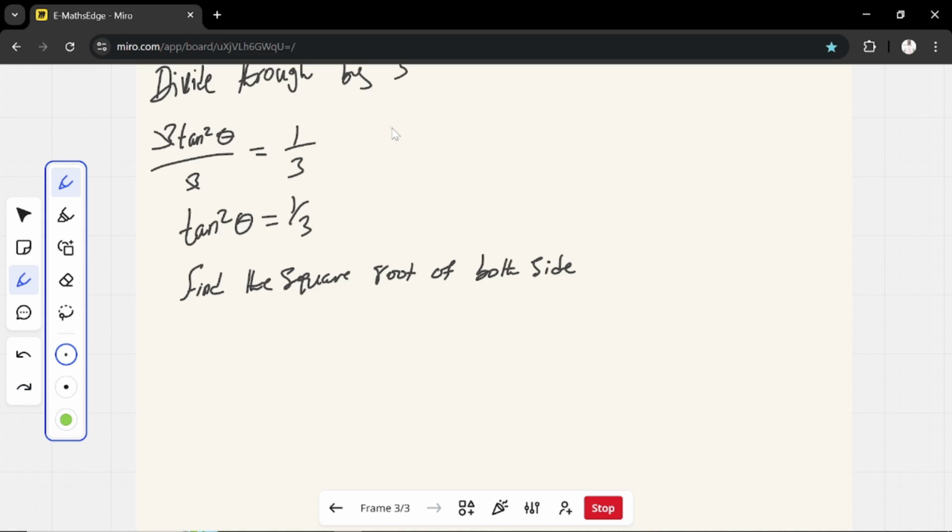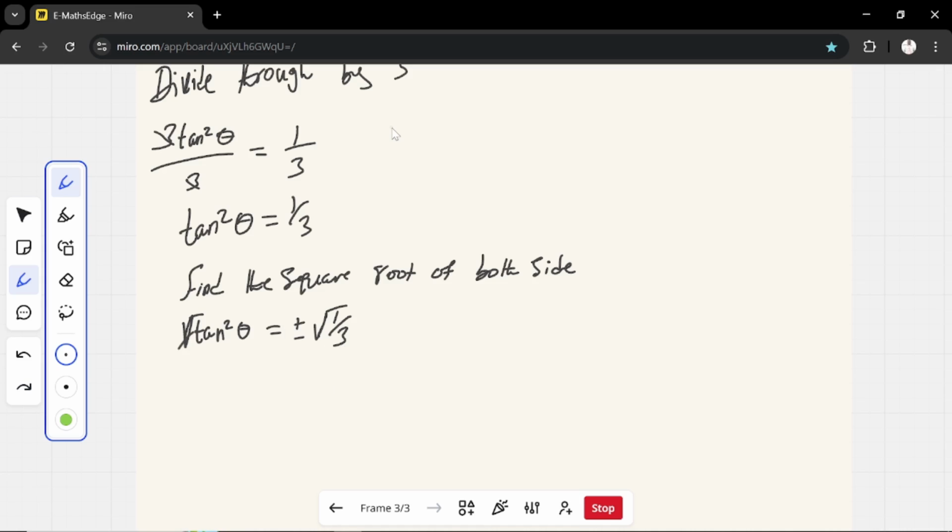For us to do away with the square, we have to find the square root of both sides, such that we are going to have the next equation to be the root of tan squared theta equal to plus or minus the root of 1 all over 3. So, introducing the root to the right hand side, we are going to have it to be both positive and negative.